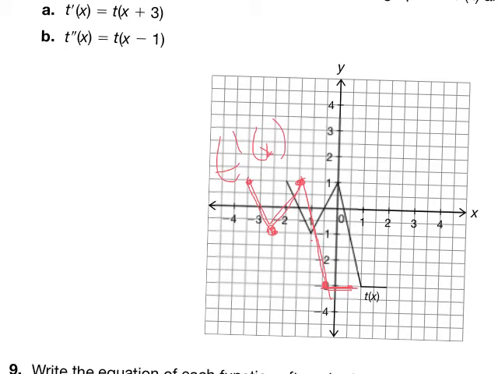So I'm going to move 1 unit to the right from the basic function. This one 1 unit, that one 1 unit, this one 1 unit there, and this one 1 unit here. Now I can connect my dots. And my blue one, I'm going to call it t double prime of x.